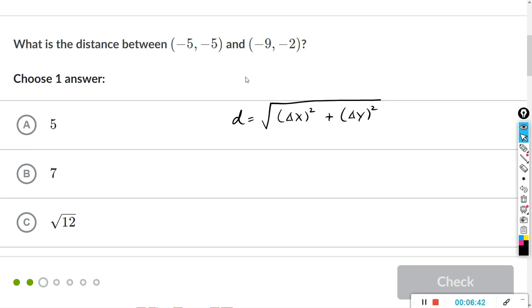Alright, so let's do one more with the coordinate points. With the coordinates, they want to know what is the distance between these 2 points. Alright, the same formula for distance. So remember, the first numbers are the x's and the second numbers are the y's. Okay? So let's see.